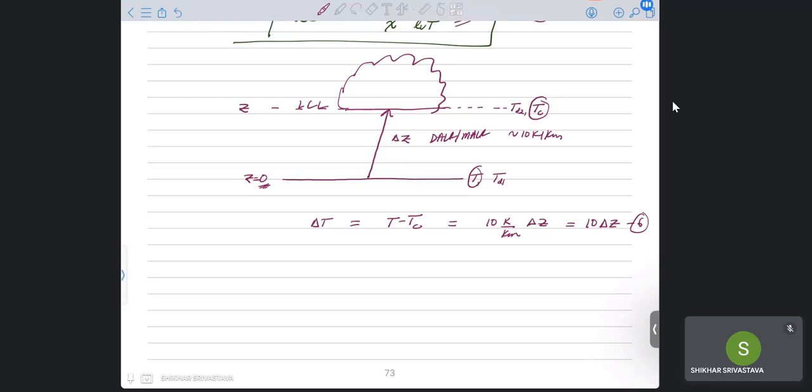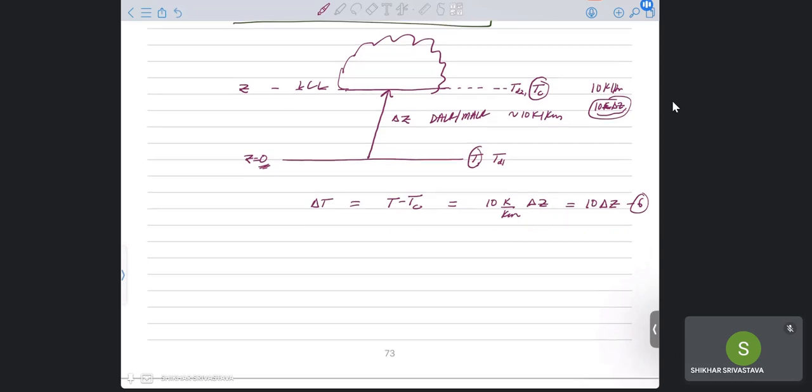So the temperature will fall at the rate of 10 Kelvin per kilometer. So for delta Z distance, the change in temperature will be 10 times delta Z. Okay, this is equation 6.